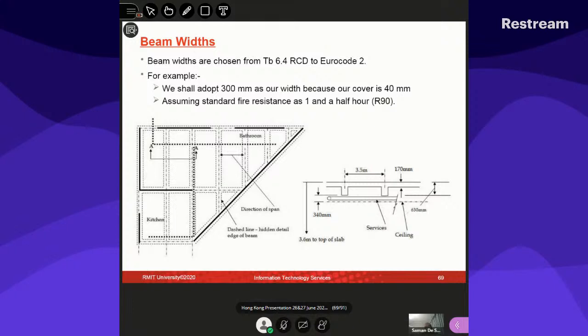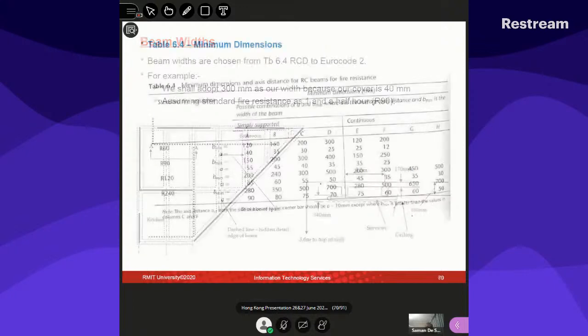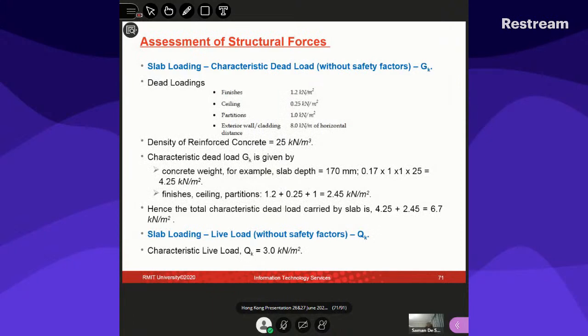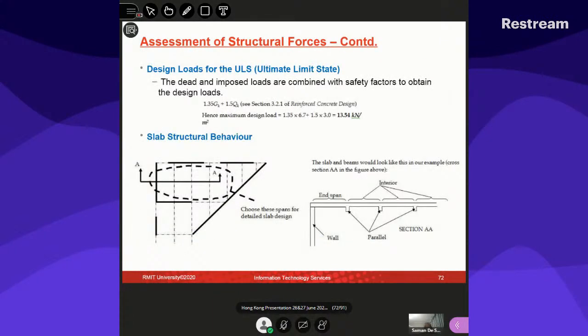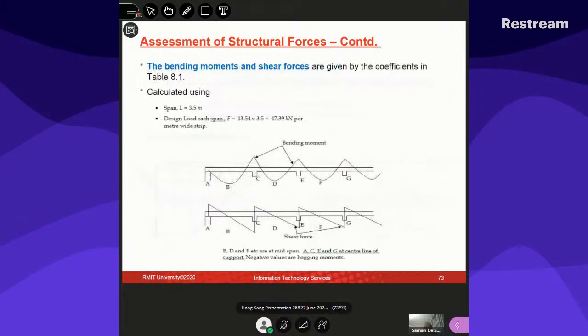In this particular example, they started with a 630 millimeter deep beam, probably, and 300 from the bottom of that particular beam, you have a 340 clearance so that the services can run. So I have given a step-by-step process if you want to follow Eurocode, but more important, the steps are there.